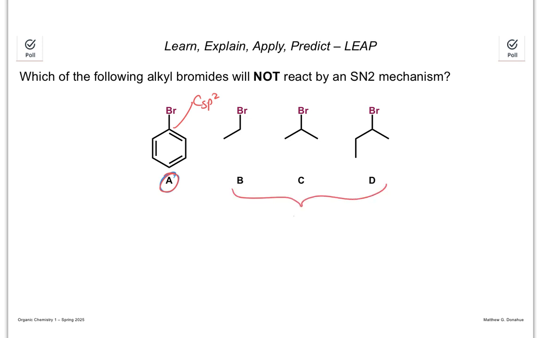So really when you're diagnosing a molecule or a set of molecules and you want to determine where a substitution is going to happen, SN2 can only take place on sp3 hybridized carbons.